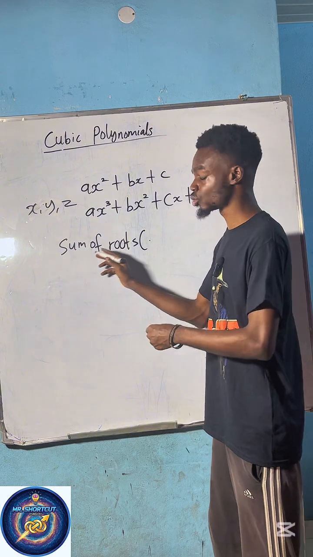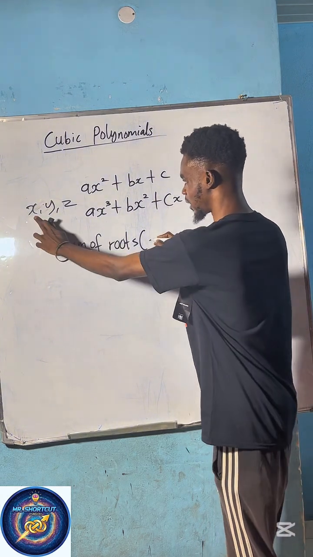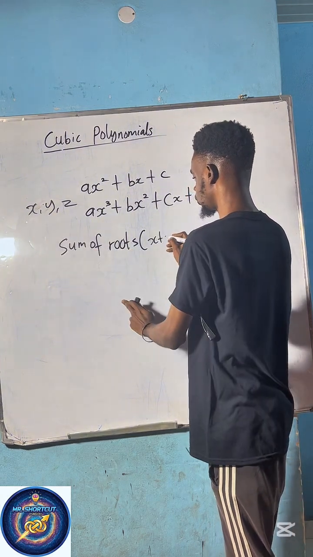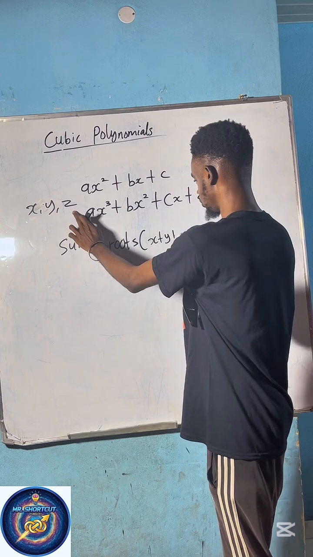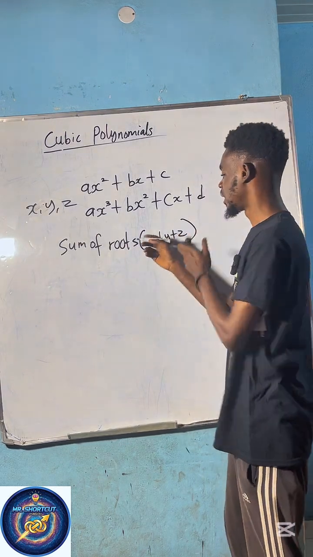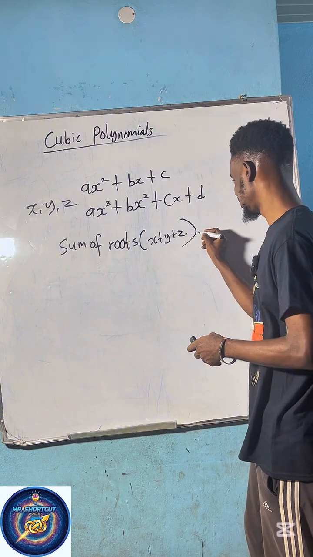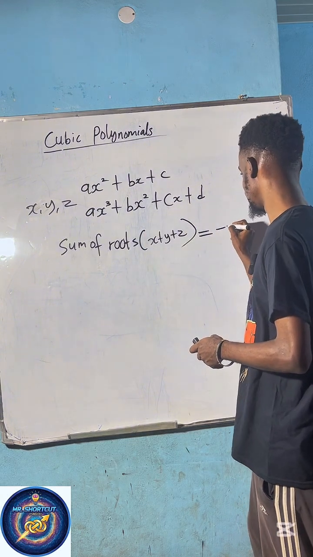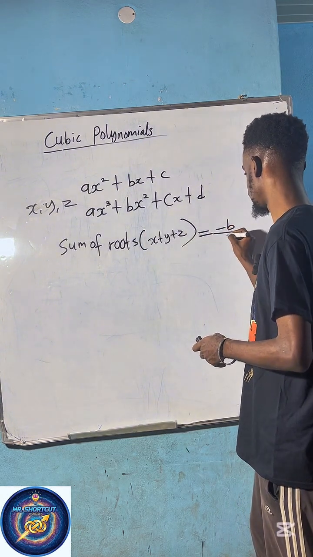So for us to get the sum of roots, which means that the roots are x plus y plus z. This is the sum of the roots of the polynomials. And the formula for the sum of roots is simply minus b over a.